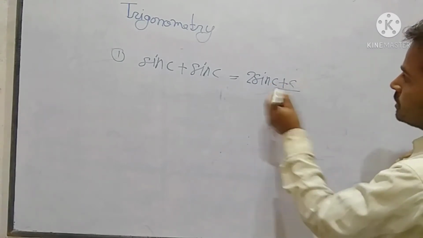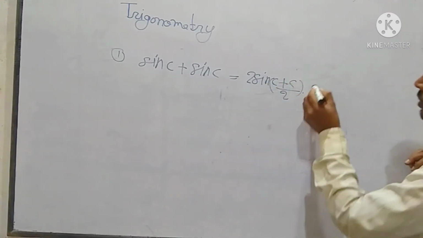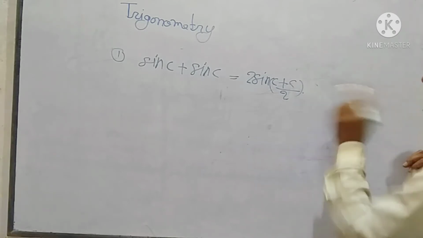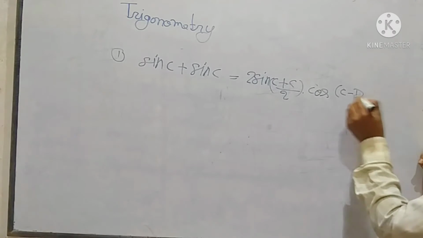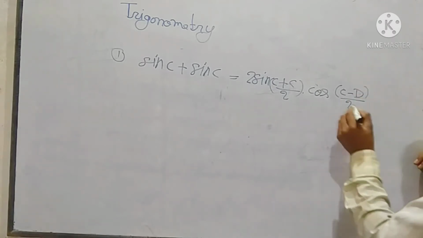Sin C + sin D = 2 sin((C+D)/2) cos((C-D)/2).